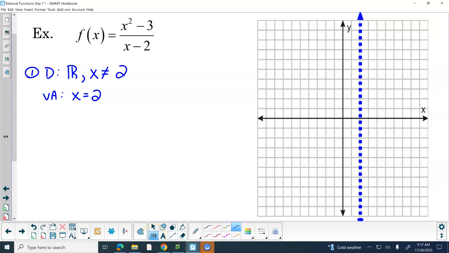Step number 2. Degree of the top, 2. Degree of the bottom, 1. So in our step number 2, that means what? No horizontal asymptote.